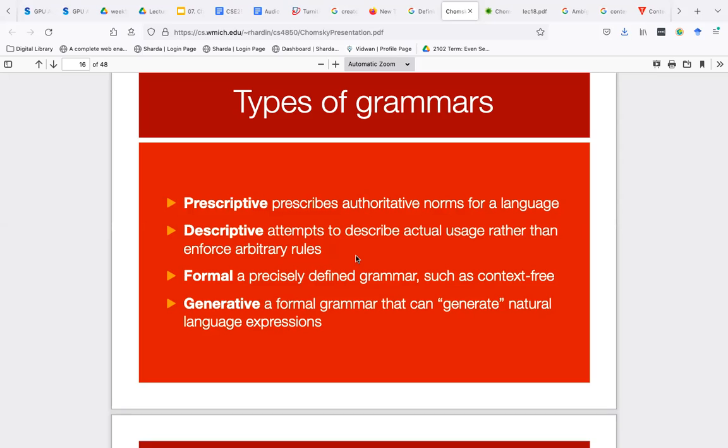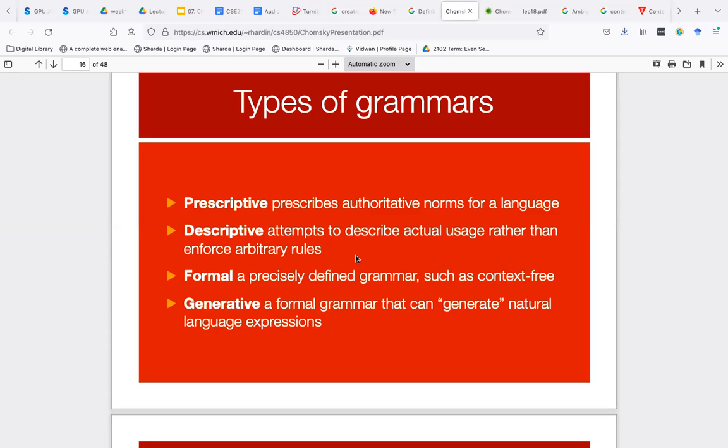If that rule is not followed, then it doesn't make any sense. Descriptive means English has many exceptions attached to it. Because of it, you can utilize different aspects in different sentences, and if you go by the rules it might not make sense, but it still makes sense.